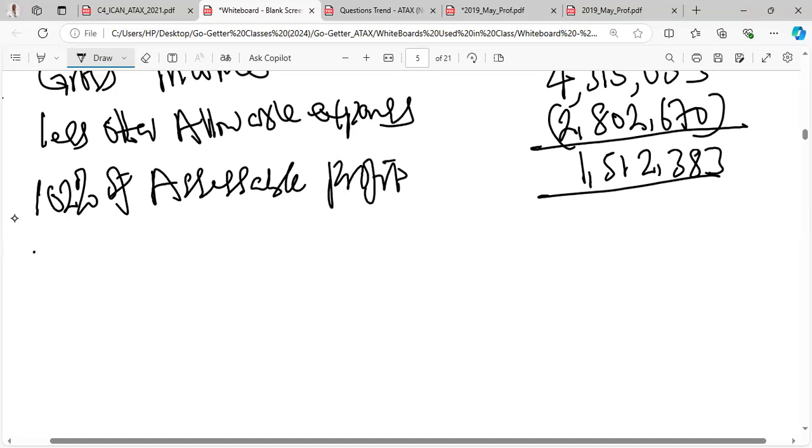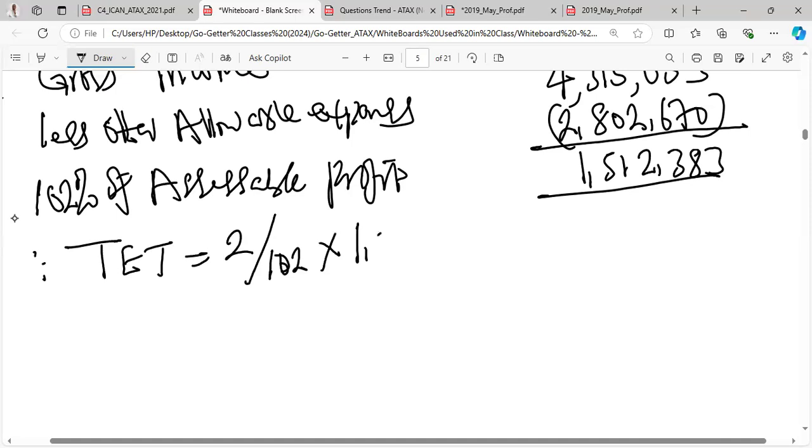Therefore, TET is 2 over 102 times 1,512,383. That will give me the answer I need.